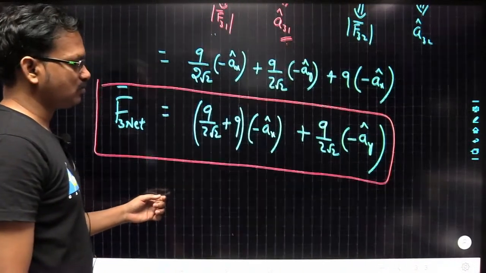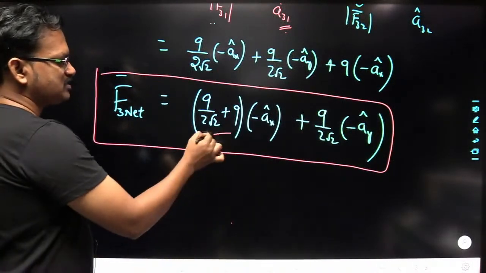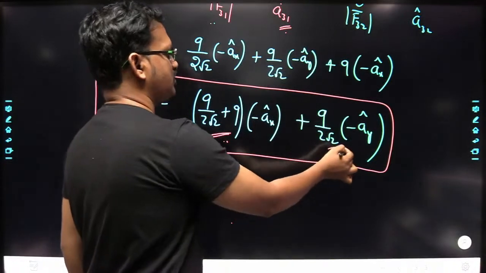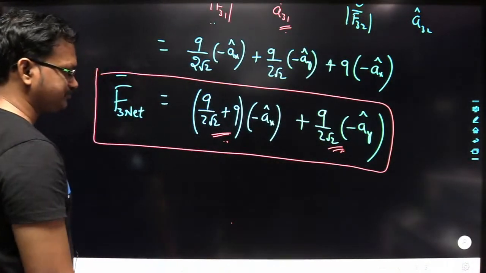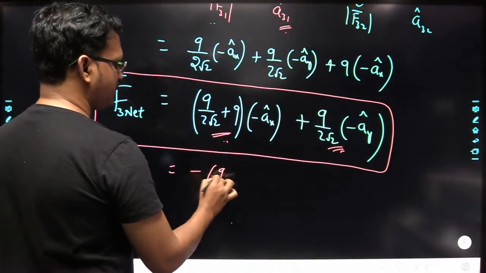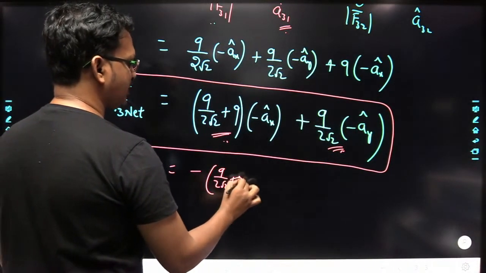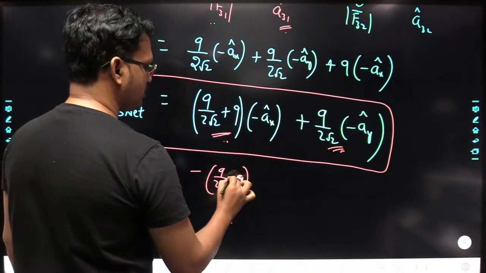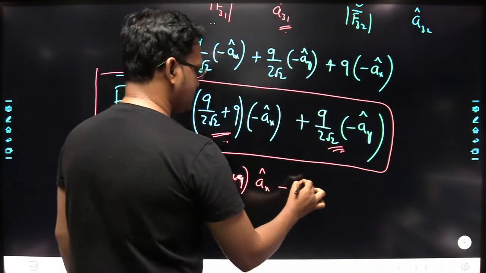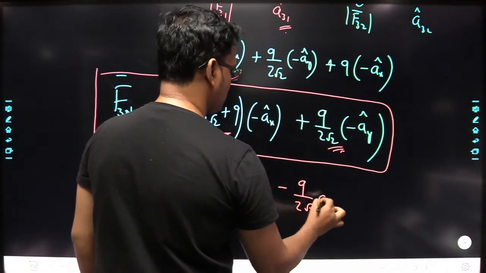Yes or no? Okay. So you can simplify this one here, and you can write the exact values, right? Or you can write the same thing as minus of 9 by 2 root 2 plus 9 into ax cap minus 9 by 2 root 2 into ay cap.